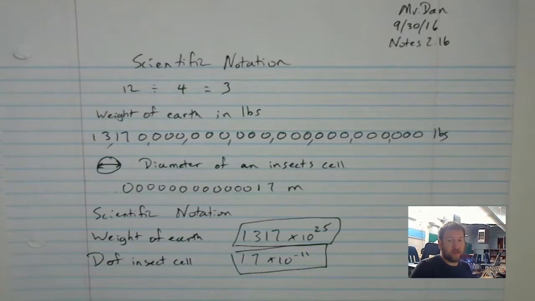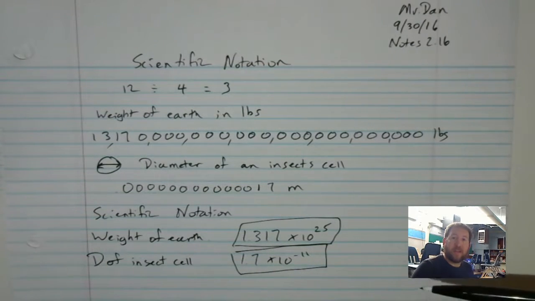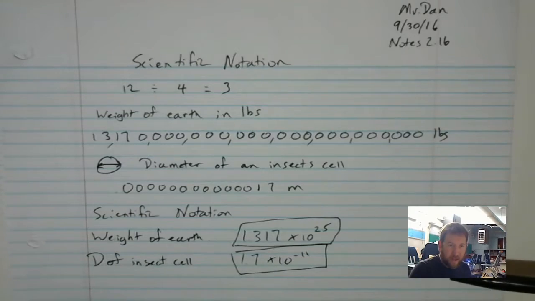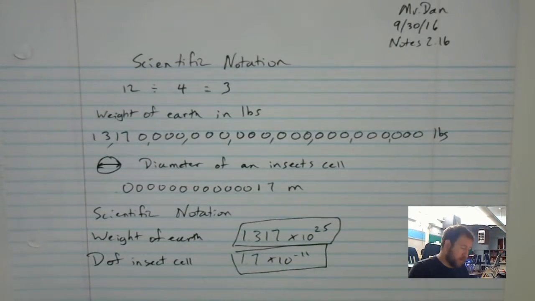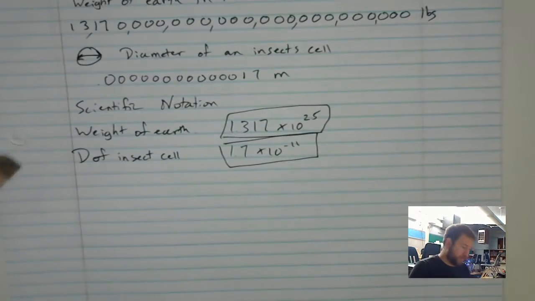As a mathematician, I'm sure you guys are sick and tired of hearing me say this, but as a mathematician, I'm lazy, and I always try to do the easiest thing that I possibly can. Okay, let's look at how we turn a large number into scientific notation.